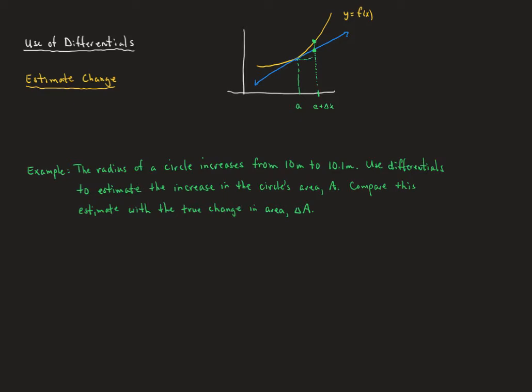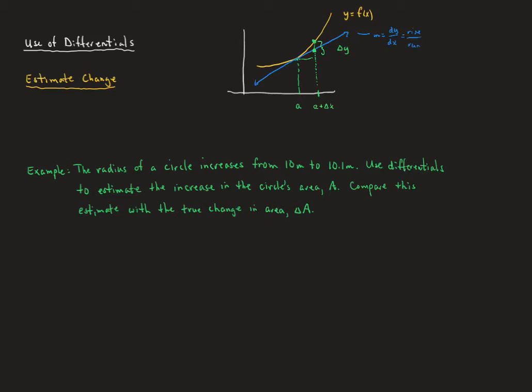What we are interested in is the actual change in the value of the function to the function value at the new point, which would be delta y. We know that the slope of this tangent line is our derivative, which is dy dx. We're thinking of that as a rise over run here.